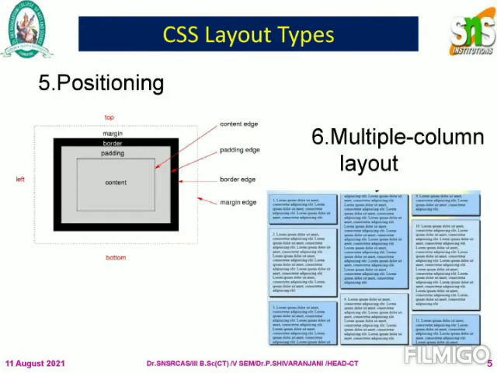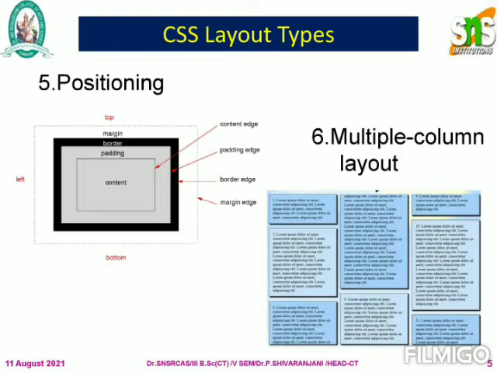And the fifth one is positioning. Here in positioning, you'll have the appearance of your positioning. It includes many edges such as content edge, padding edge, border edge, and margin edge. The margin edge is the outer layer or shield for your CSS layout in the positioning, and it also has top, bottom, left and right alignment.